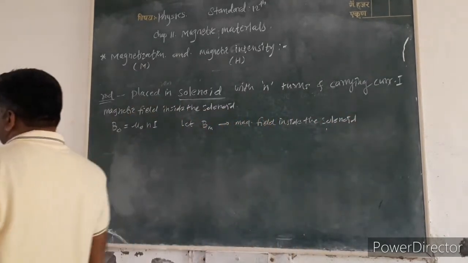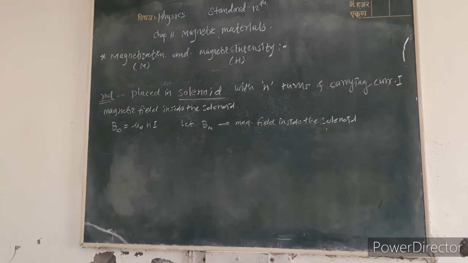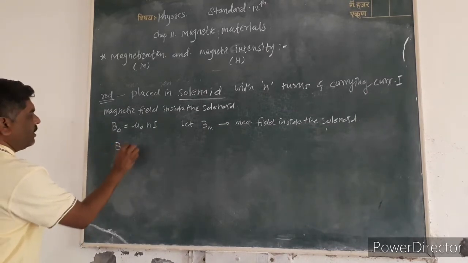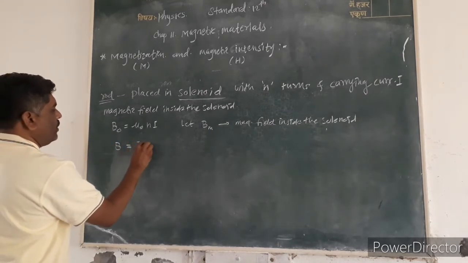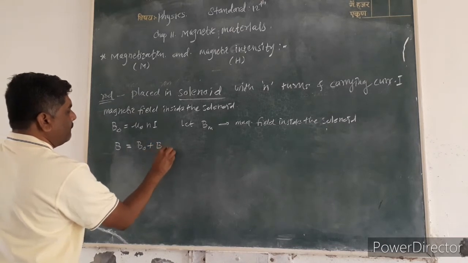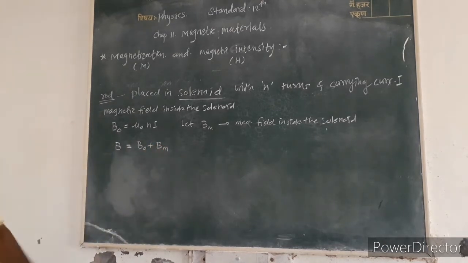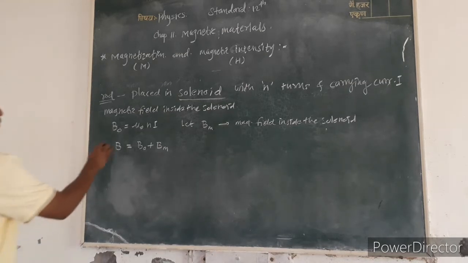Therefore, the total or net magnetic field B is equal to B0 plus Bm.